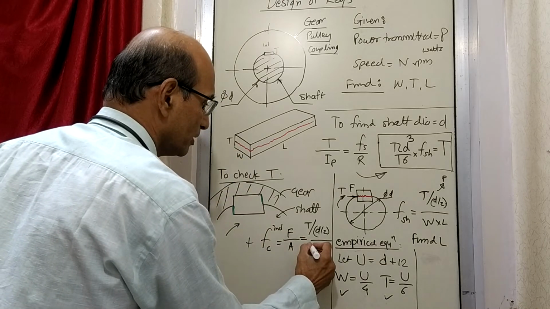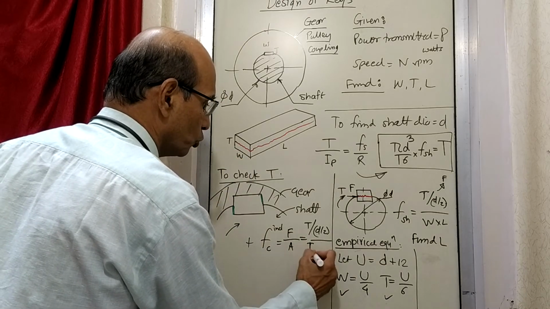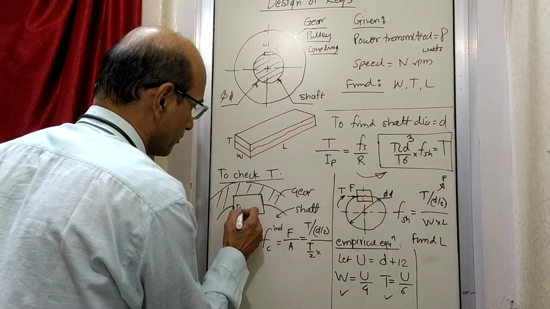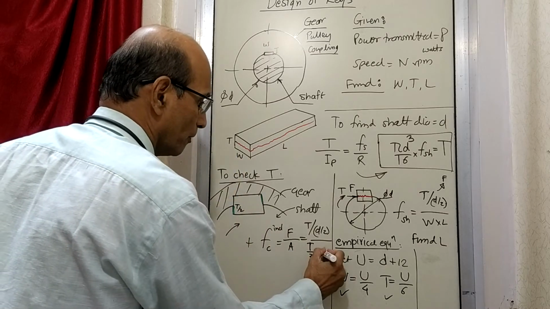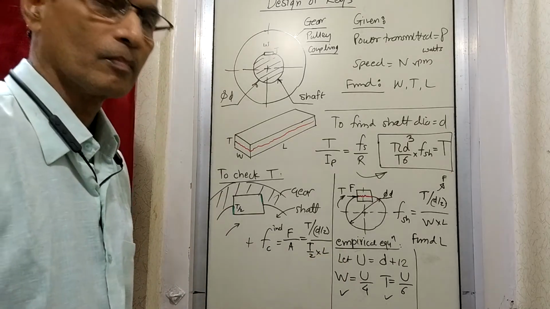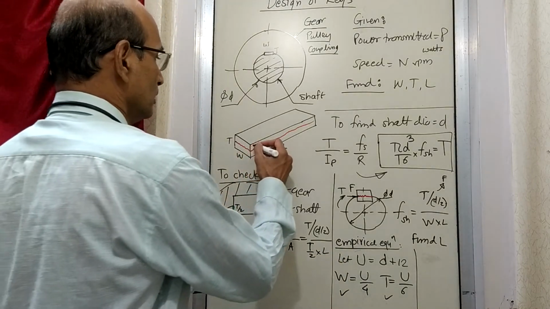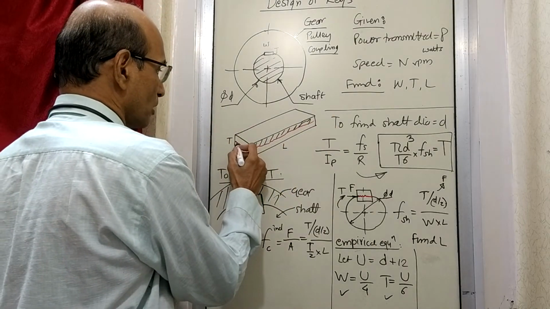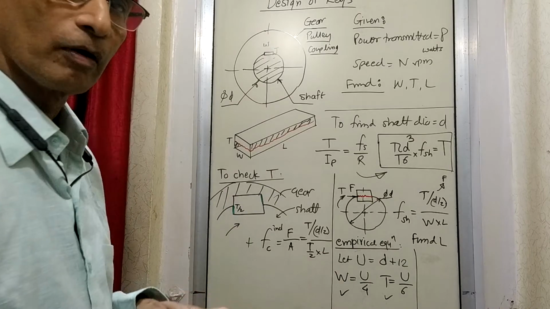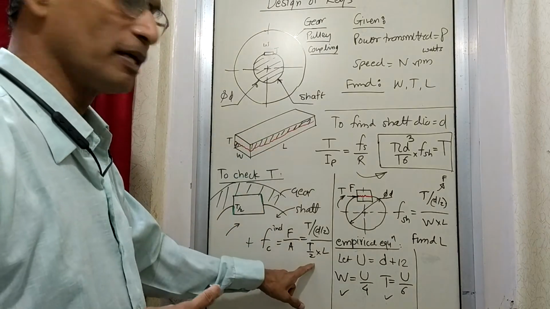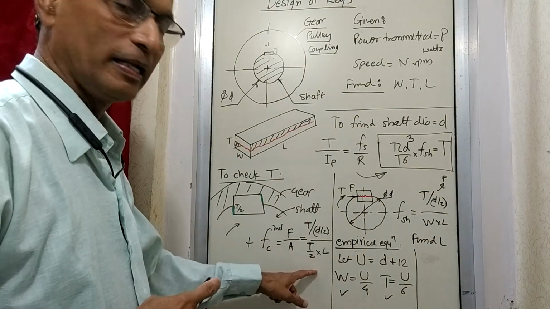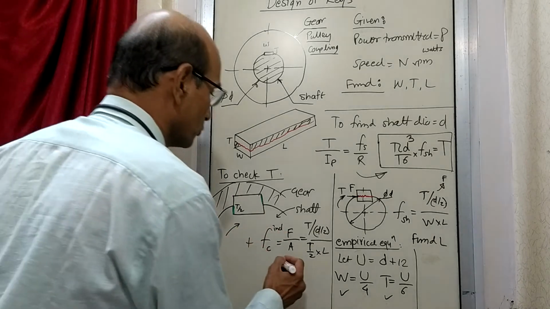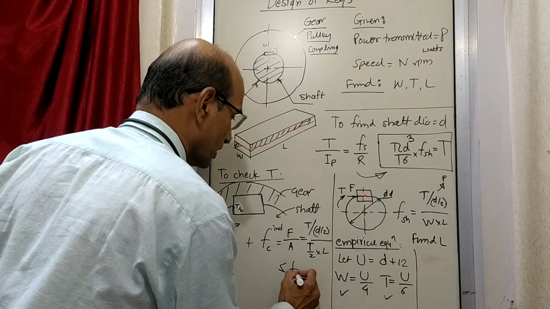The area is T by 2 into L. So we are only considering half the surface, and on the other side the lower surface. So T by 2 into L is the resisting area, force upon area, that is the crushing stress, which is the induced stress. Now this induced stress we want to be less than the design stress.